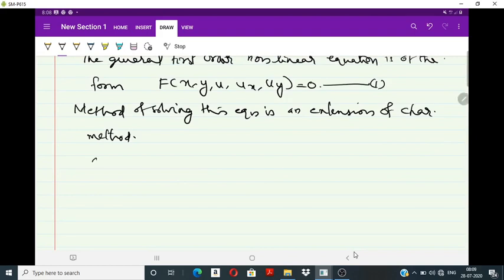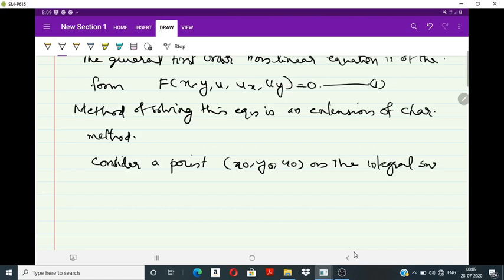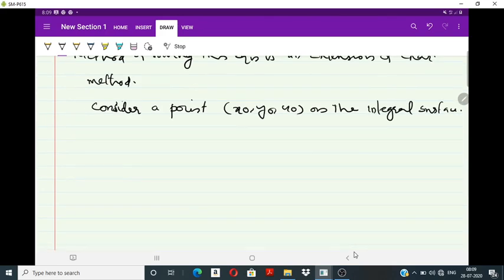So first of all, we consider a point x naught, y naught, u naught on the integral surface. To find the solution means we have to find an integral surface which passes through this point, which contains a curve passing through this point.